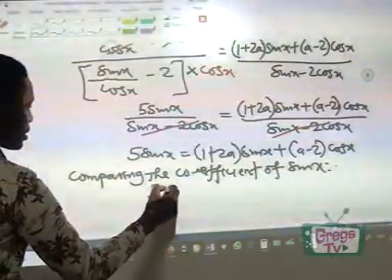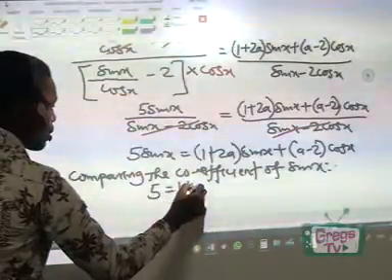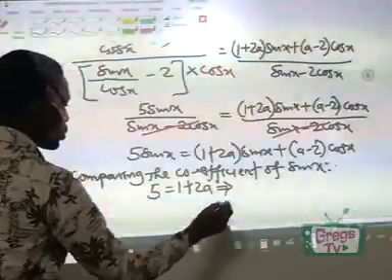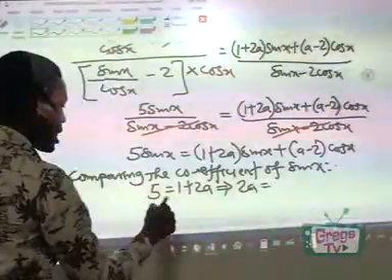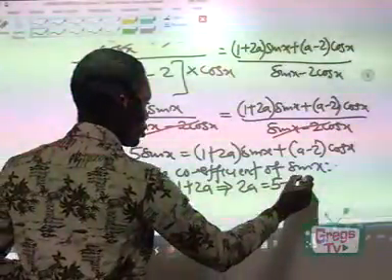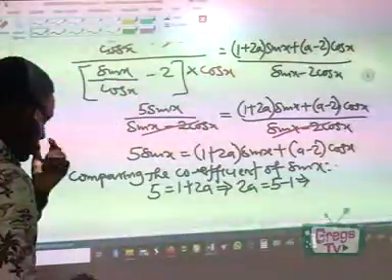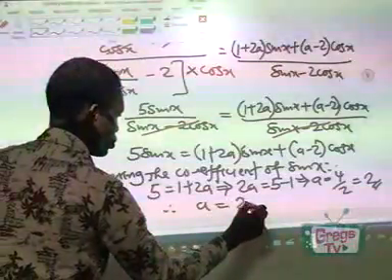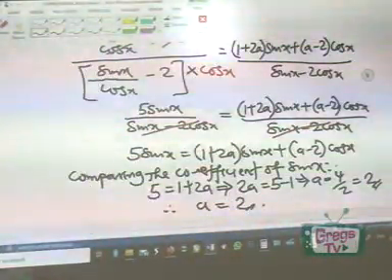This is the coefficient of sin x. 5 equal to what? 1 plus 2a is also the coefficient of sin x. So can I just make 2a the subject of formula? That will be what? 5 minus 1, which implies that you have this. So therefore a will be equal to 2, being the value of a.